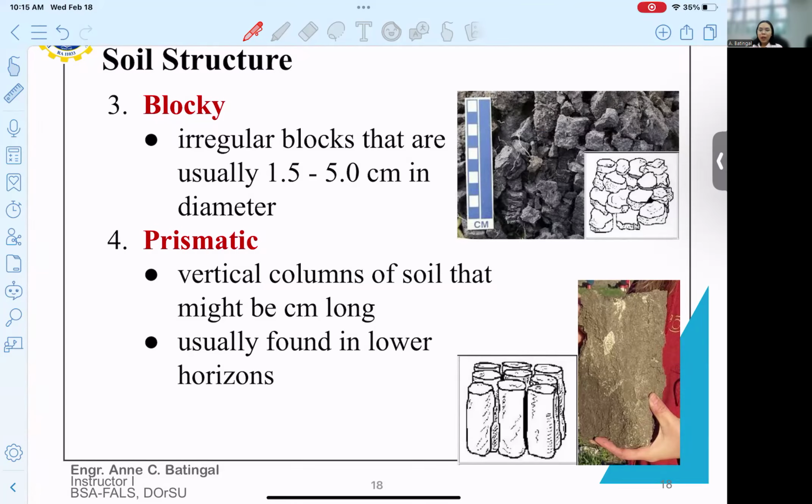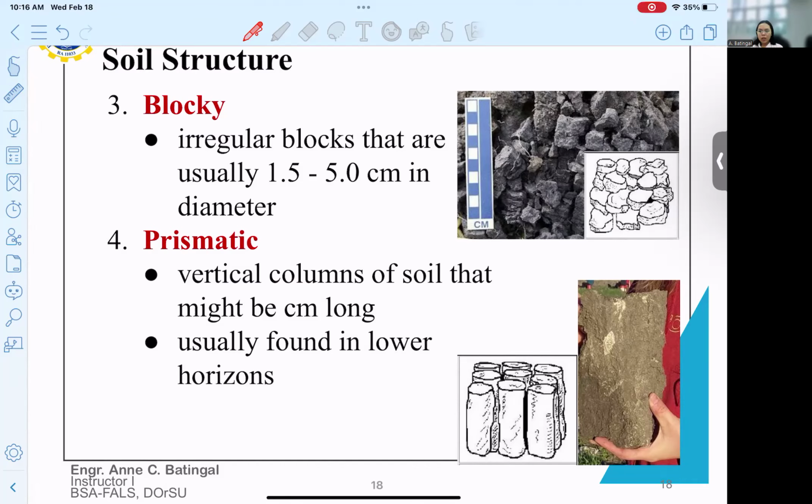So, still blocky soils can be managed to improve the structure by incorporating organic matter or your humus and i-mix nimo siya to other type of soils para dili siya magpabilin nga naka-block or masyag ka ng chocolate type, chocolate chips.